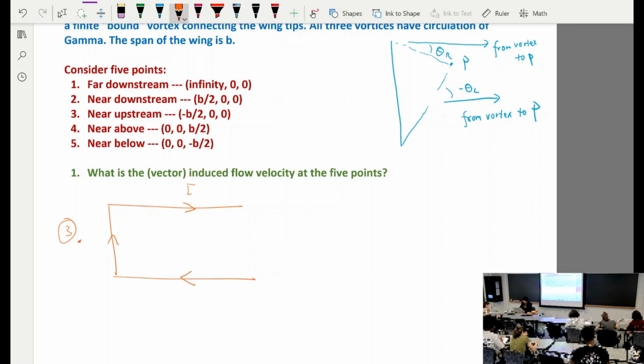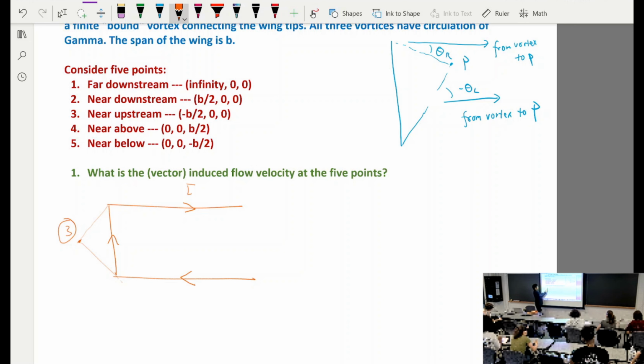Okay, so first of all, the induced flow from the bound vortex. The point is on the left, so it is easier to look from behind the whiteboard, right? If you look from behind the whiteboard, we have an angle over here.